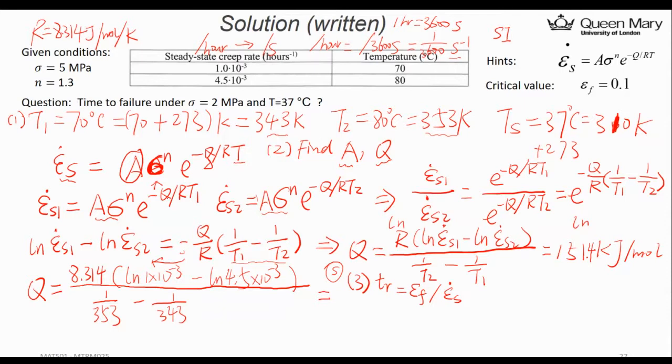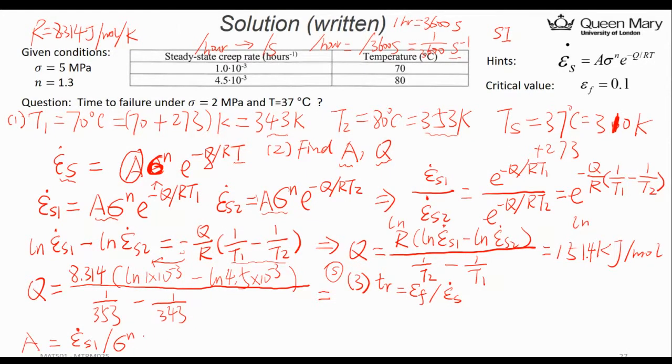We work out the Q, and to get A, we just need to substitute the value into one equation, also with the Q, then we can work out A. Okay, so A is basically just taking only one equation will give you the answer. The creep strain rate over the stress.